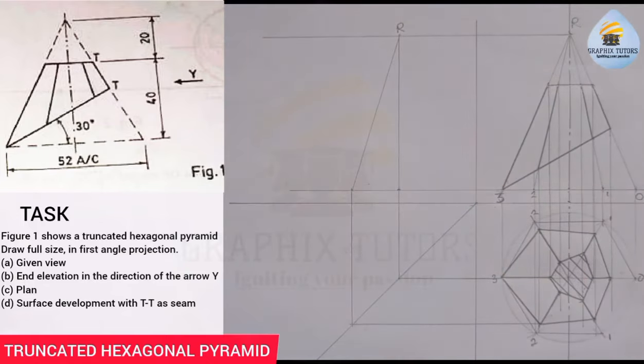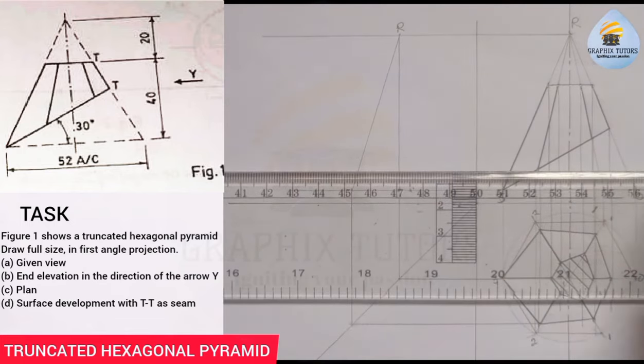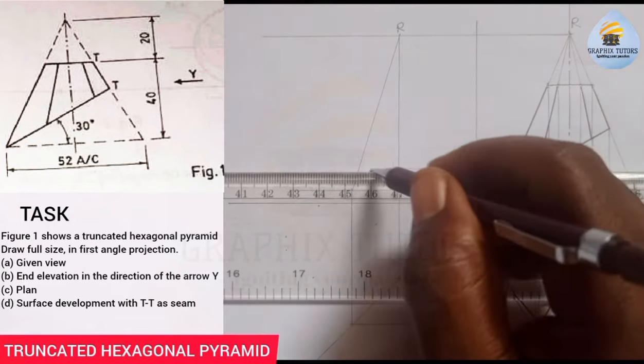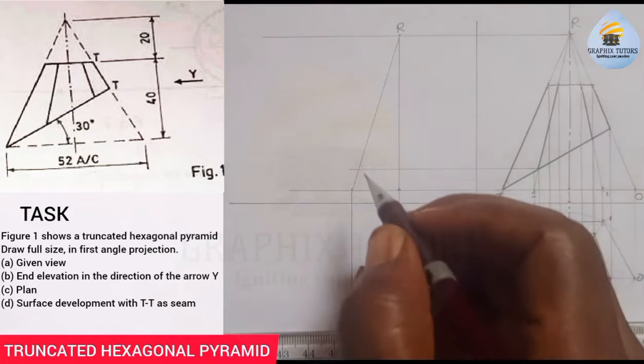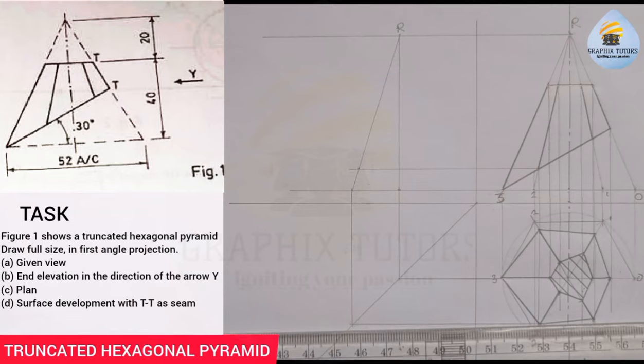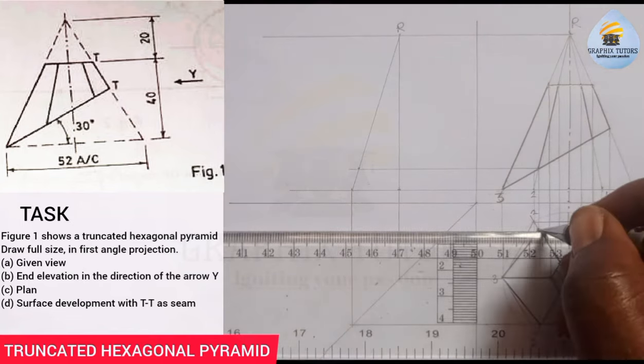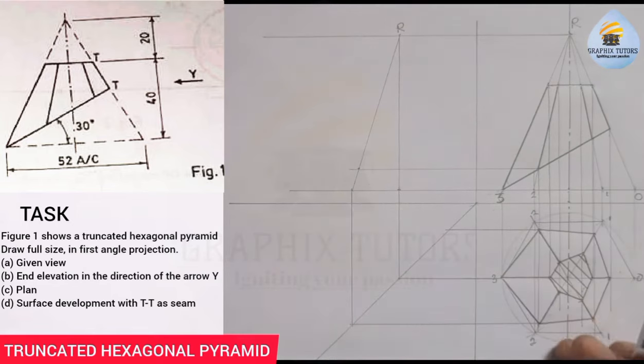So let's see. So this is the line of 2, right? And 2 meets 2. So I'll project this 2 here. So this is where 2 meets 2 here. You can see that. I'll do the other 2 also at this point, and I'll take it up this way.